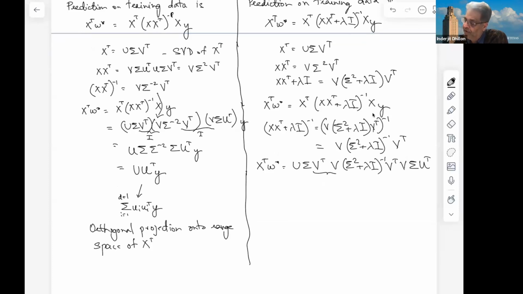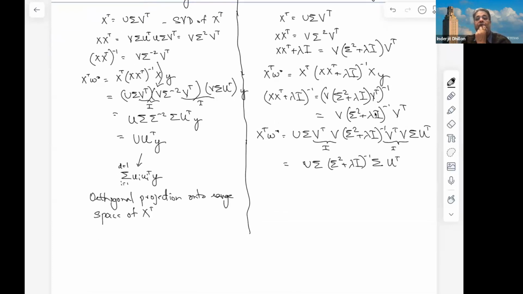Again, this is identity and this is identity, and what you get is U sigma square plus lambda I inverse times sigma times U transpose. Earlier, when lambda was equal to 0, these would all cancel out, but this time lambda is not equal to 0, so things don't cancel. What is this matrix?